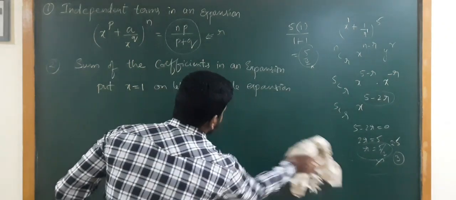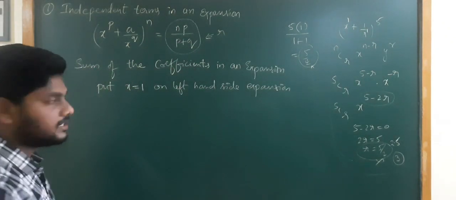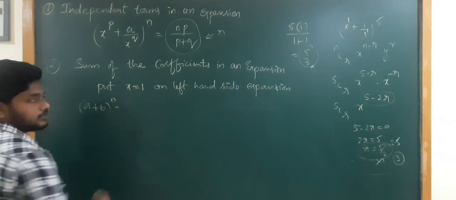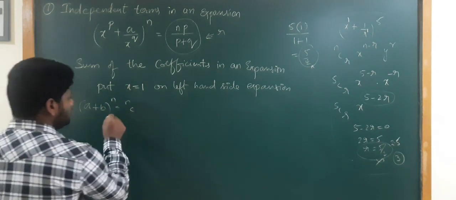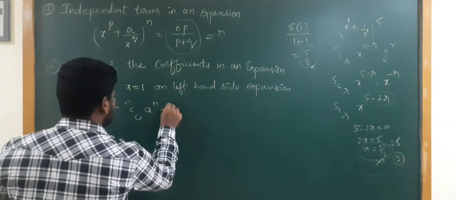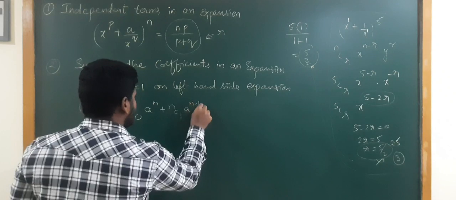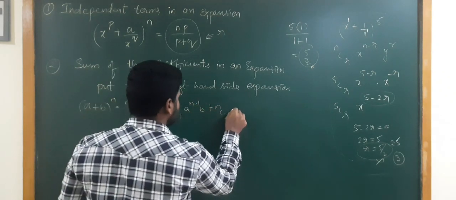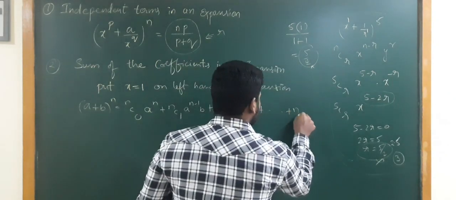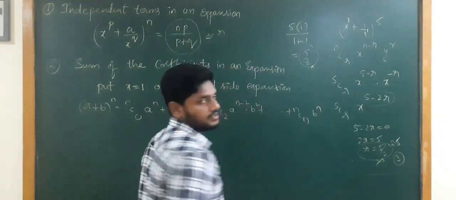We know in an expansion, for example, if (a + b) whole to the power of n is there, we will expand it like this: nC0 a to the power of n plus nC1 a to the power of n minus 1 into b plus nC2 a to the power of n minus 2 into b square plus so on, nCn b to the power of n.